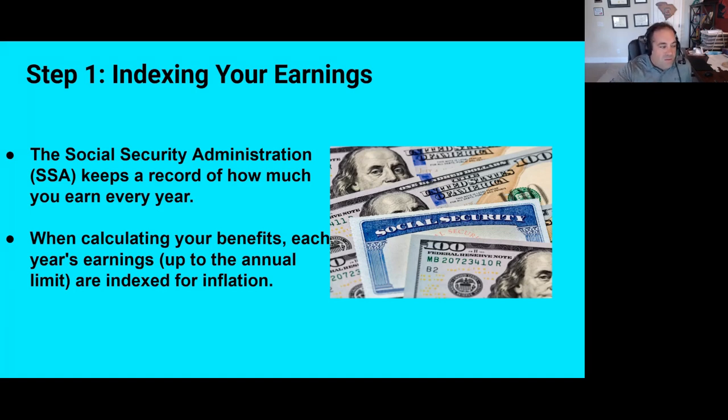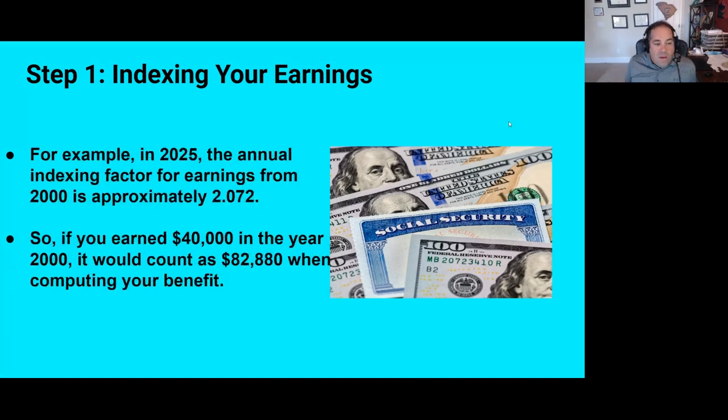So what that means, just for example, in 2025, the annual indexing factor for earnings from the year 2000 is 2.072. So what that means is anything you earned in that year would be multiplied by that factor to get the number that actually is used to determine your benefit.